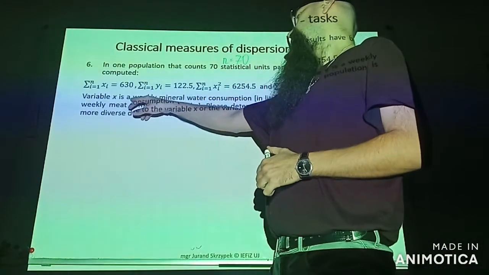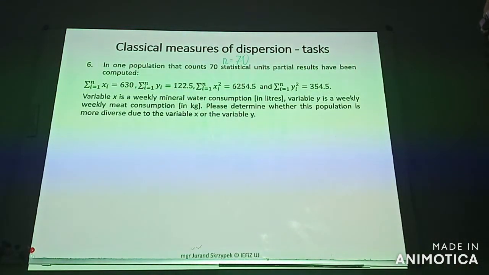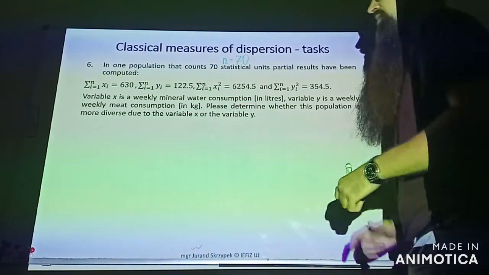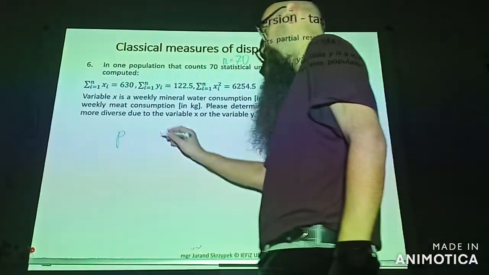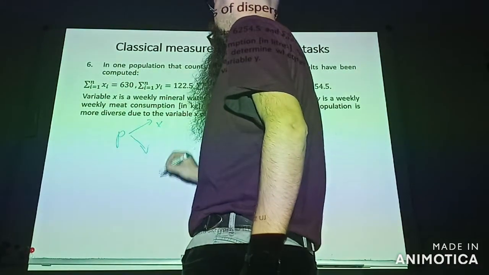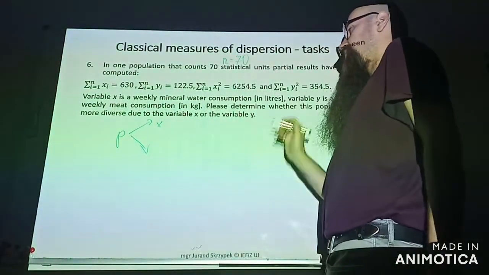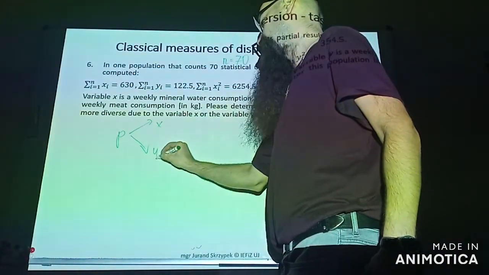Variable x is a weekly mineral water consumption in liters, and variable y is a weekly meat consumption in kilograms. So we have one population that counts 70 statistical units, and this population is characterized by two variables: weekly mineral water consumption and weekly meat consumption.